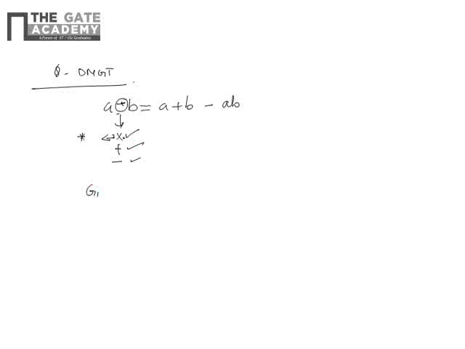Whenever this algebraic structure is considered, it is called a semi group when it satisfies two conditions. First condition, it is a closed operation.